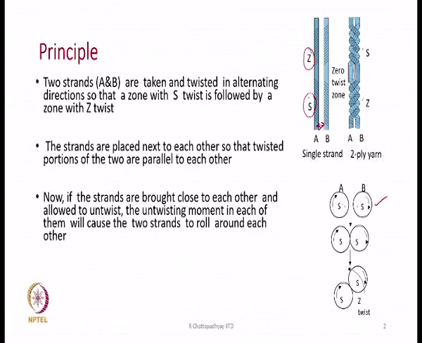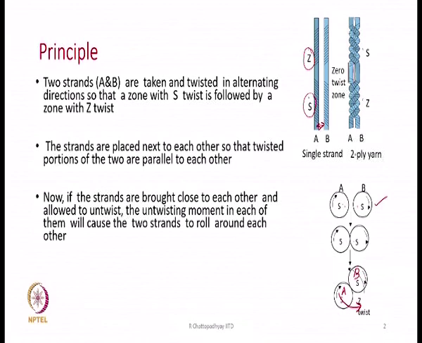If we do so, that is, if the restraint is removed and we allow them to untwist, then the strand B and strand A will try to roll on each other, and therefore, they will be twisted together in the opposite directions.